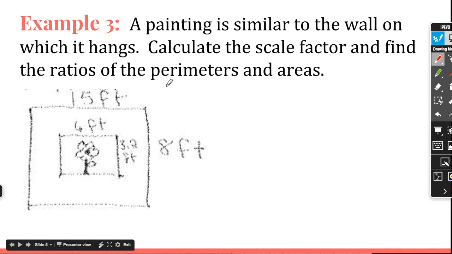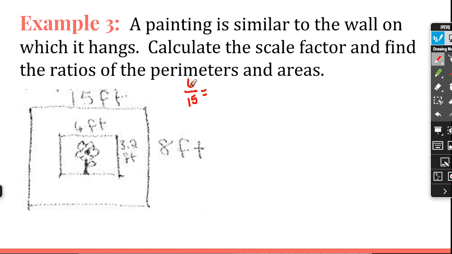So first, let's check our scale factor. So our scale factor is going to be the ratios. And we can use either one. Sometimes it'll tell us which one to use. For this one, let's start with the small one. So the small one has a ratio of 6 feet to the large one is 15. So we can use 6 over 15.